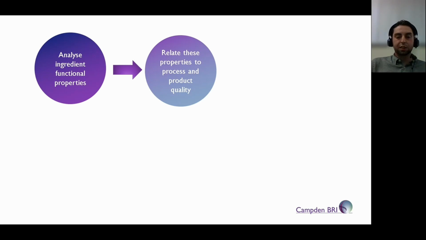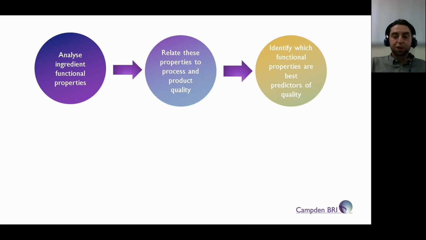One of the key messages to take away from these presentations is it's one thing to understand the functional properties of an ingredient, and then there's a secondary part to that of how do these functional properties affect the process and the product quality. Once you know which functional properties are important and which tests are important, you can start being more savvy about selecting tests that you can add on to a specification to allow you more information and more control over your ingredients.